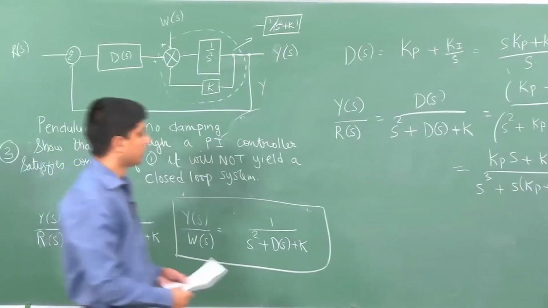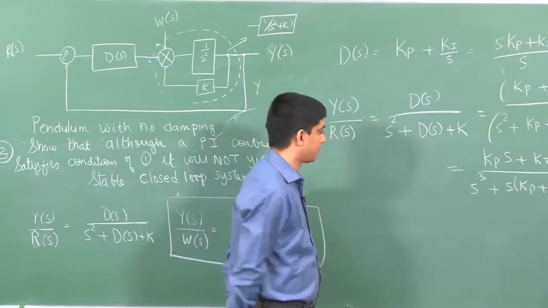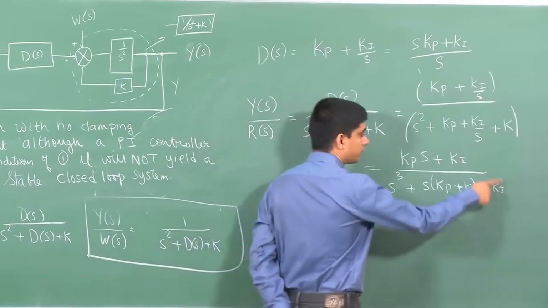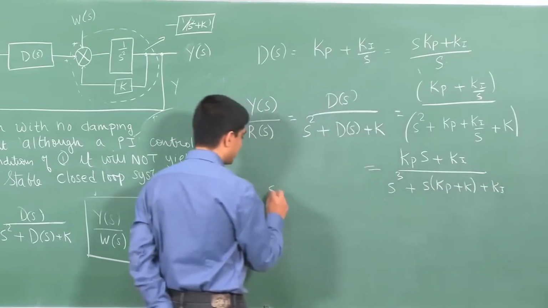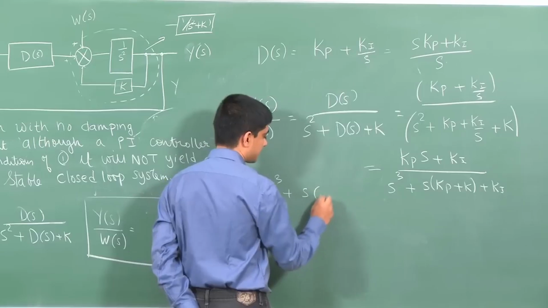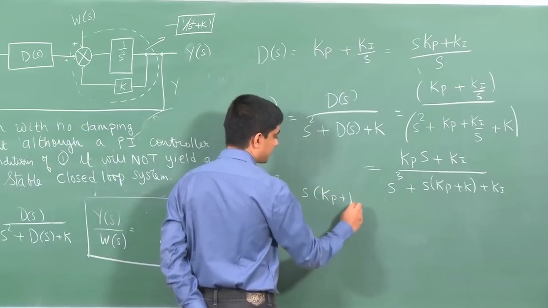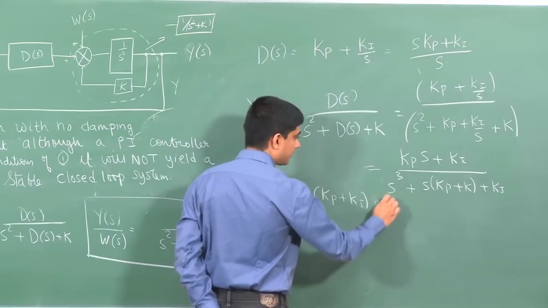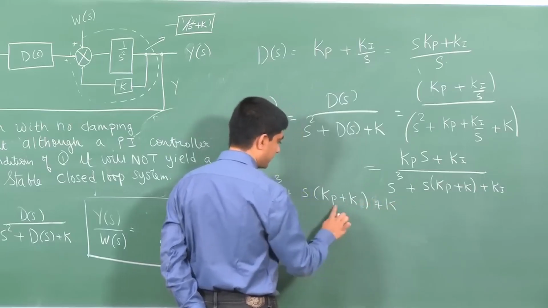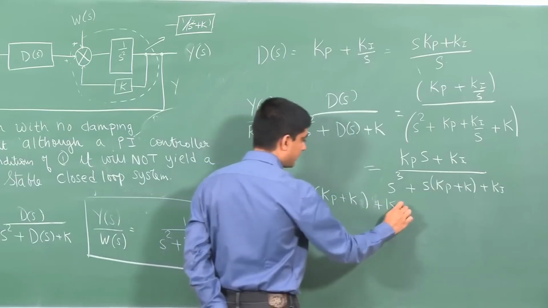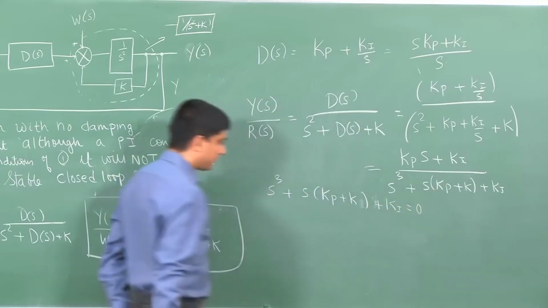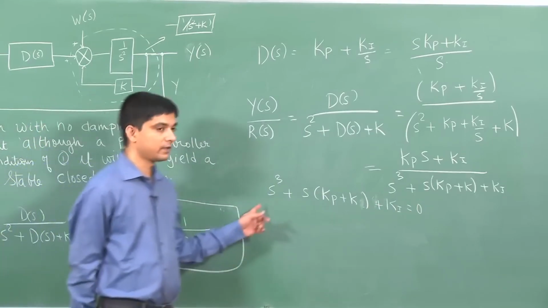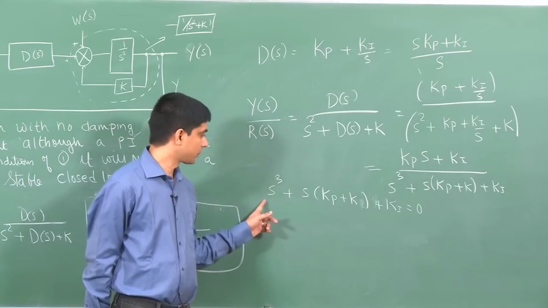Okay. Now, is this system stable? How do I find out? I find out by the roots of the characteristic equation or the poles of the system. Now, look at this guy. So, s cube plus s times kp plus k plus ki is 0, and I do not even need to see the route table to say that this is always unstable, for whatever values of k.